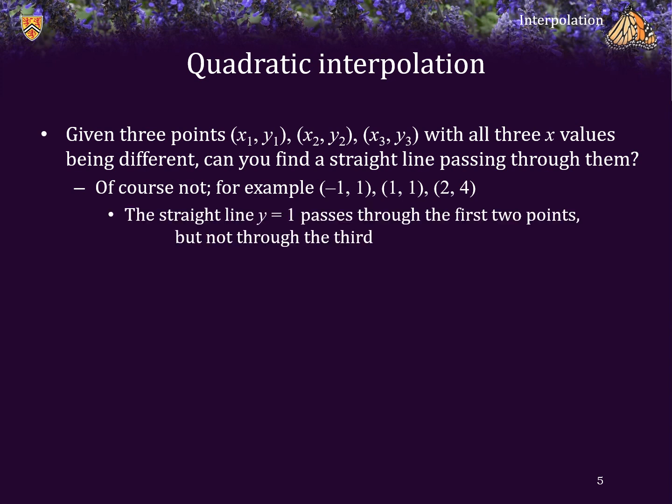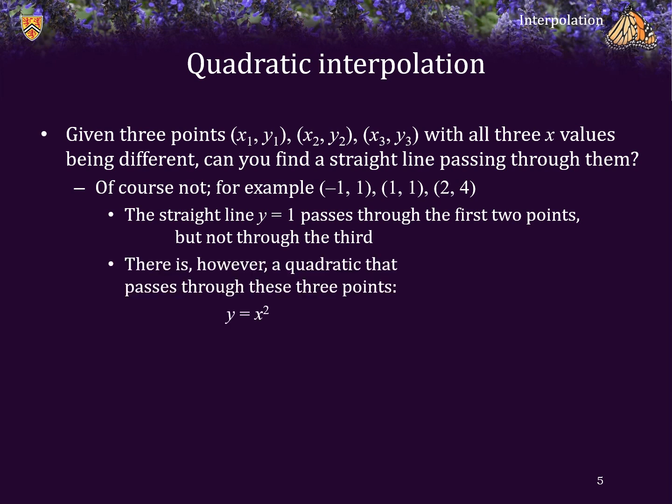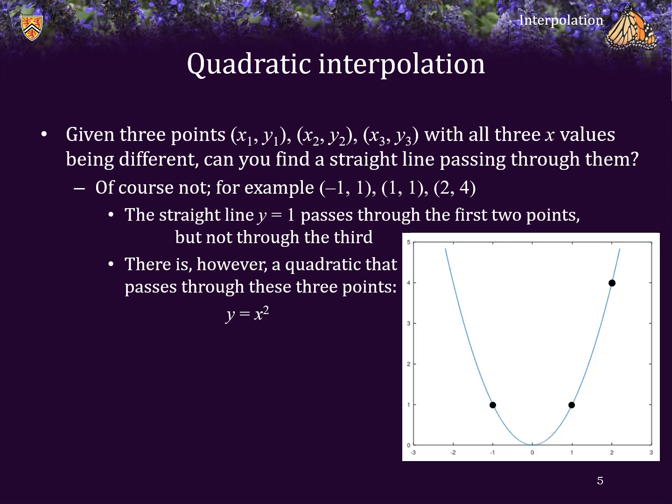Now, the straight line y equals 1 passes through the first 2 points, but not through the third. And as you may suspect, there's no straight line passing through these 3 points. However, there is a quadratic that passes through these 3 points, y equals x squared. And that, again, should be reasonably obvious from secondary school.